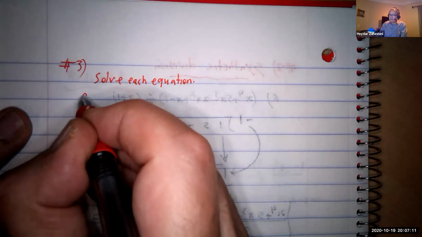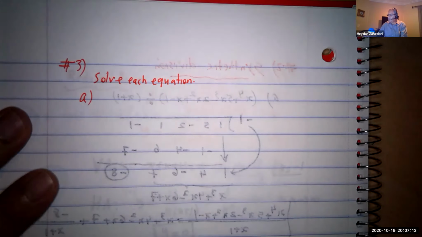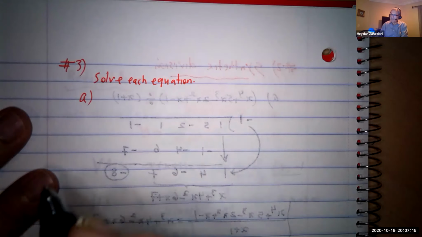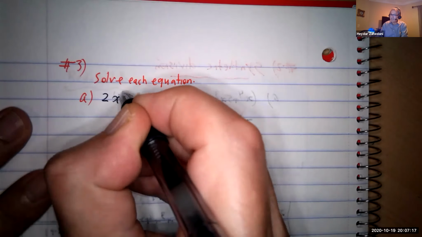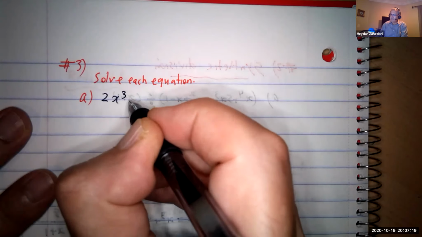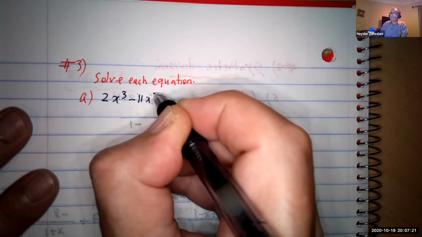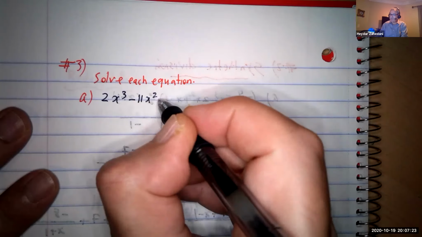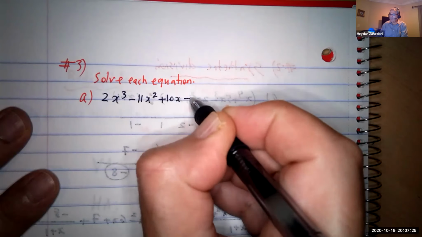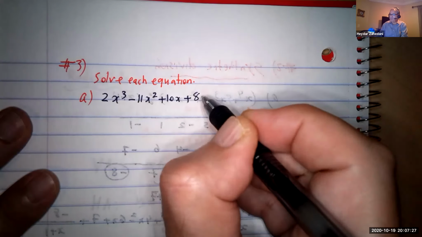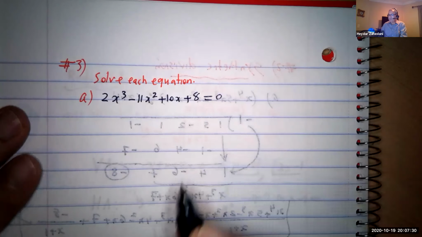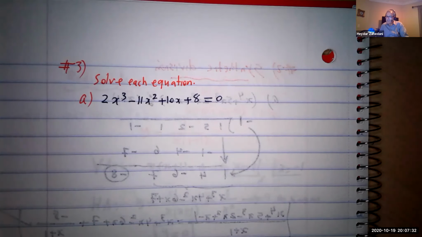So the first part, the equation is 2x cubed minus 11x squared plus 10x plus 8 equal to 0.